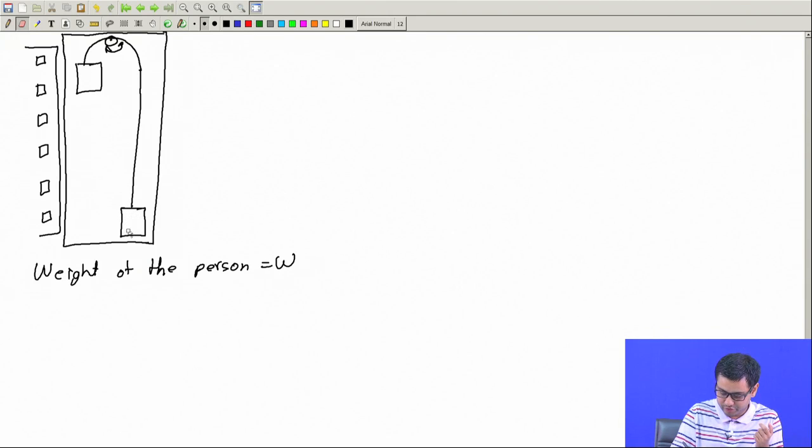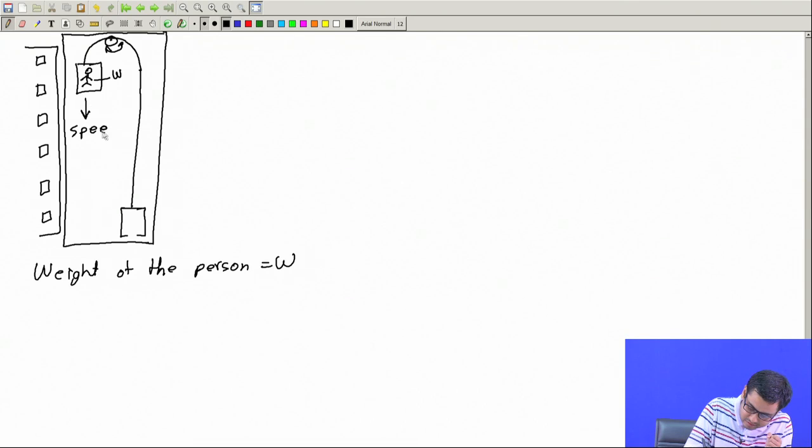So if a person with weight W enters here, the speed at which this will fall is proportional to W. Call it kW, k is a constant.